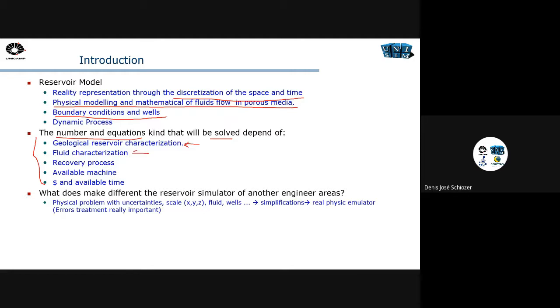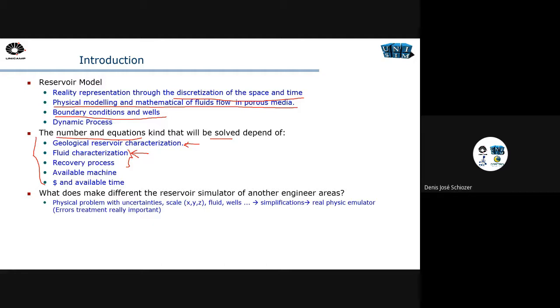Also, the fluid is very important for us to understand. The fluid and the recovery process together are important for us to select how we're going to discretize the reservoir. So I'm going to give you some hints, probably not today, in the next class, on how to select the grids. This is one of the choices the reservoir engineer has to make.